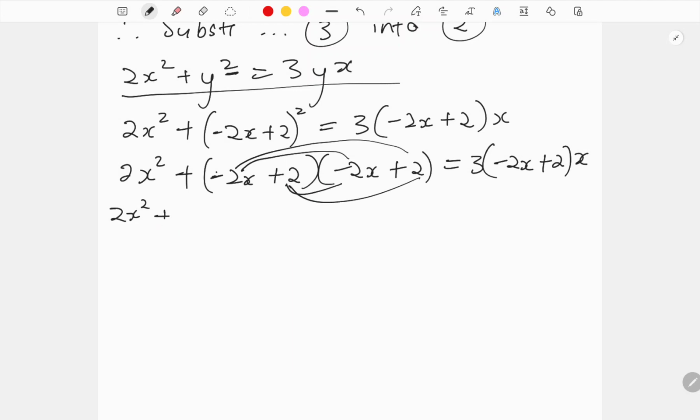So it's 4x squared minus 4x plus 4 equals 3 into minus 2x squared plus 2x.